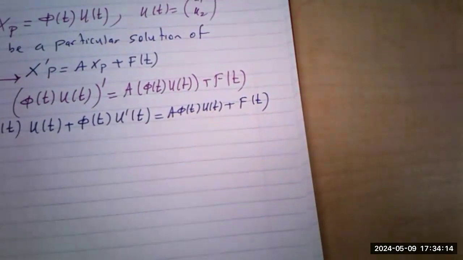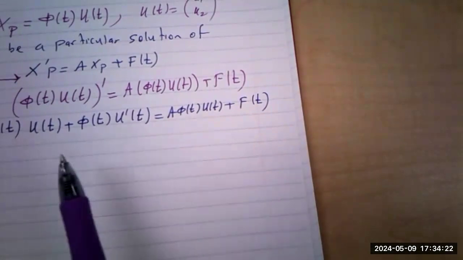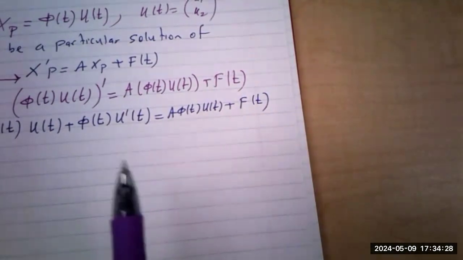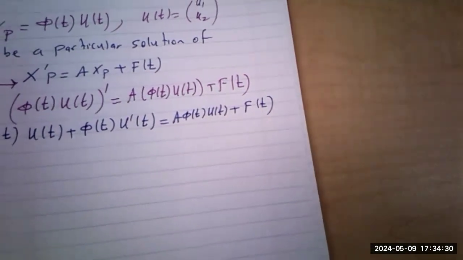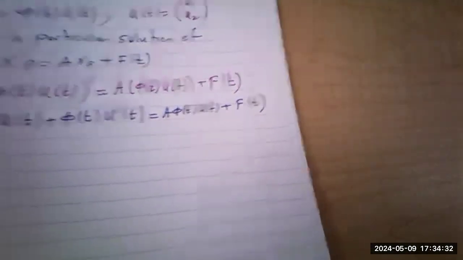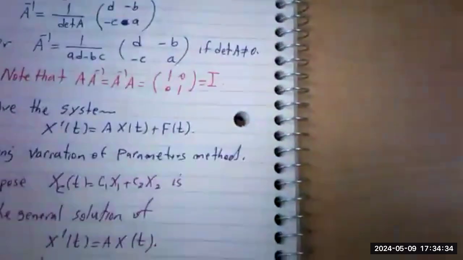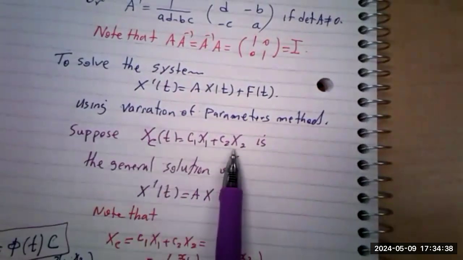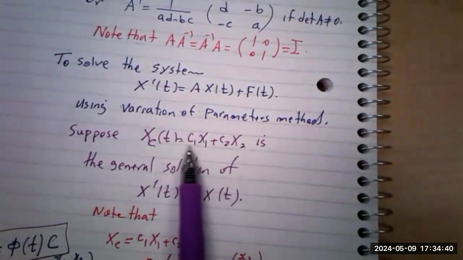Okay, now in the ordinary case, when we substitute, we use the fact that we do have the solution of the homogeneous system. Now, let's see if we can find out. Remember, phi of t was the solution of the homogeneous one. So what was the homogeneous one? Let's just go back and explain it for you. That is going to be the homogeneous one that we have, okay?